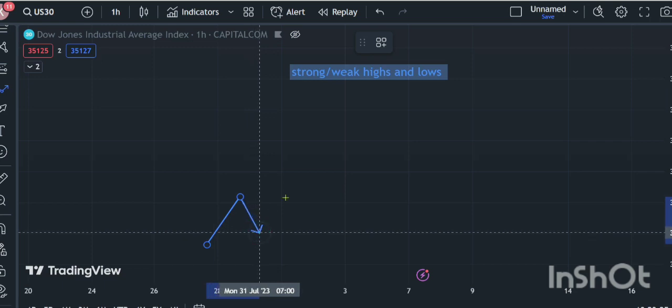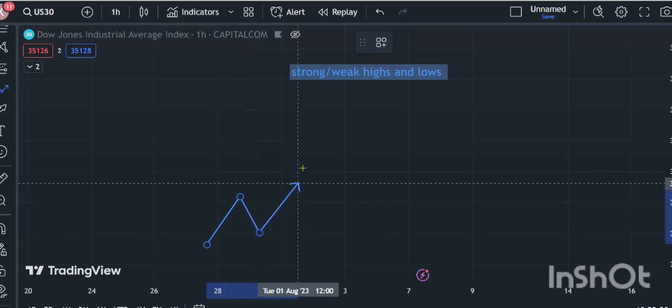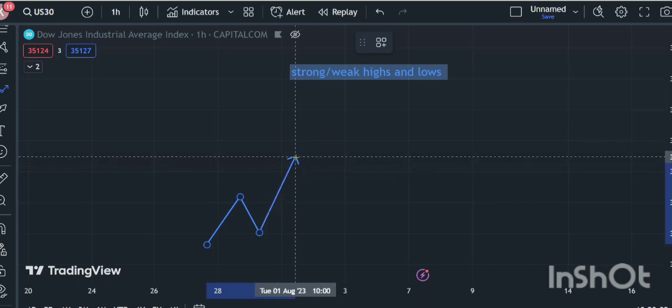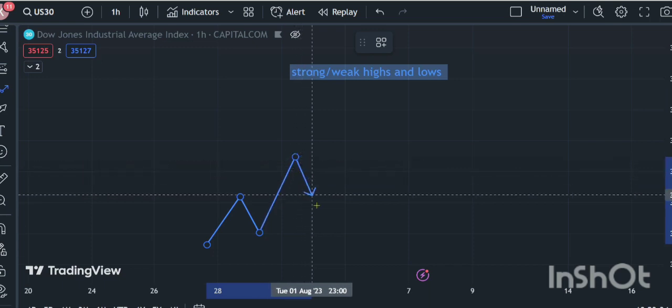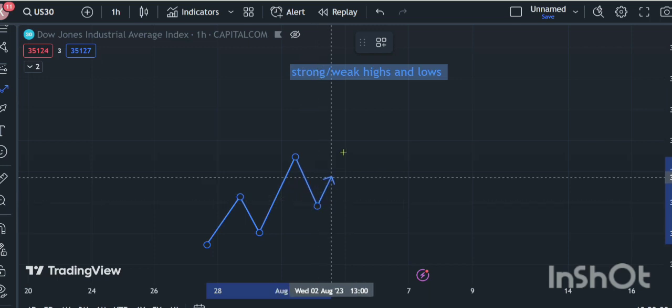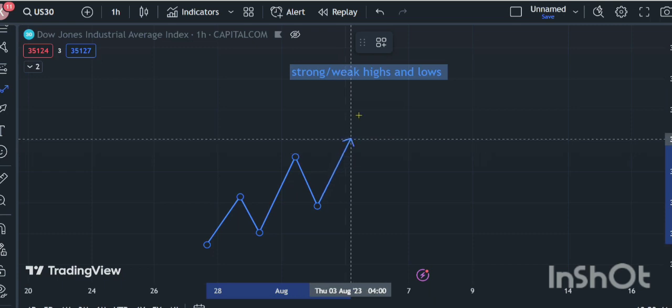Okay, so we know that market moves in a wave kind of structure, and as it makes these waves, it forms what we call highs and lows.